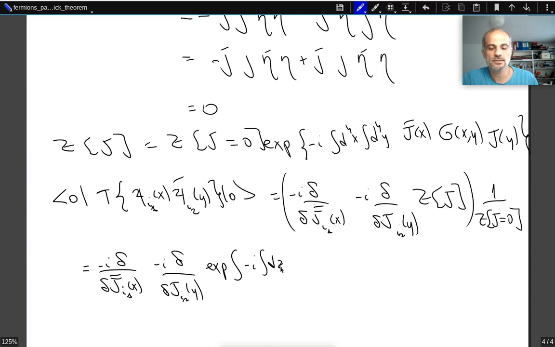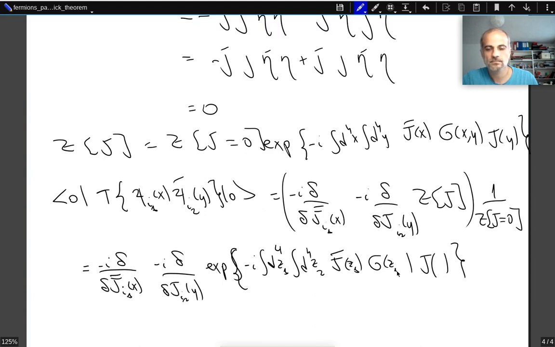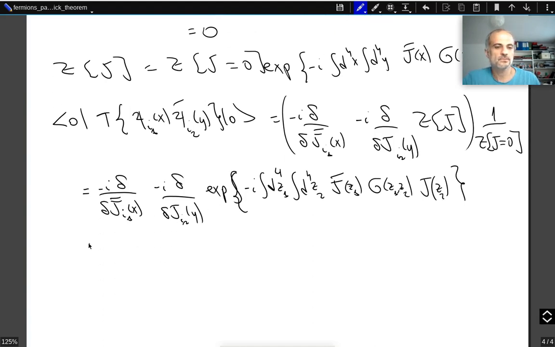Well, let me just use the coordinates z1 and z2, j bar of x, g of xy, j of y. No, it's not xy, z1, z2. Let me start with the first derivative. This is minus I functional derivative with respect to I1.